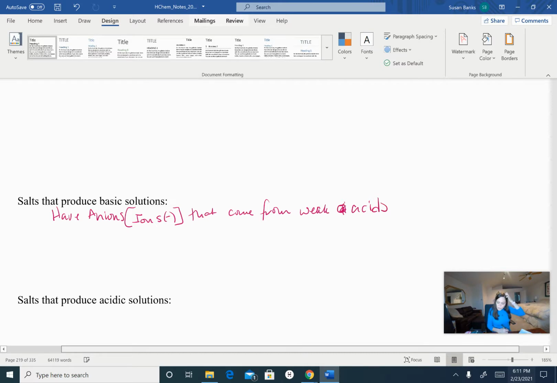So the conjugate base is going to have to be from a weak acid.